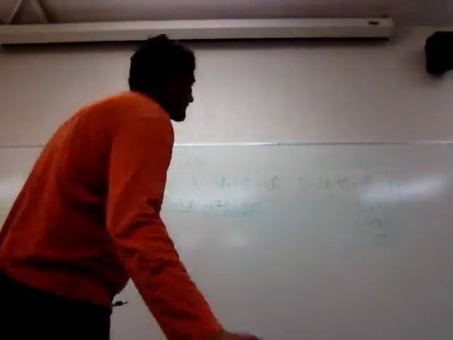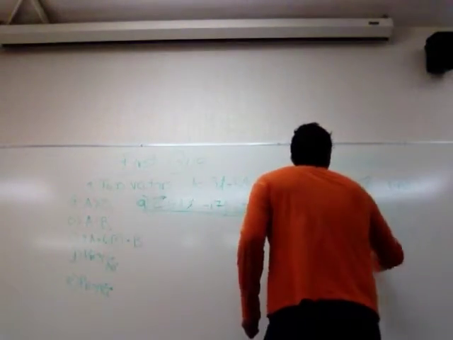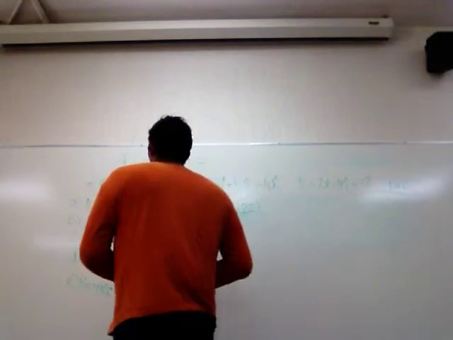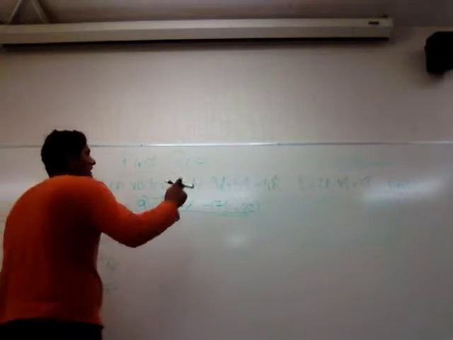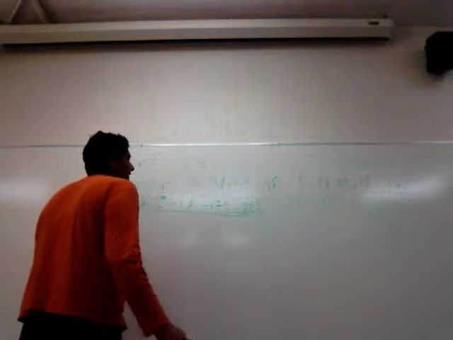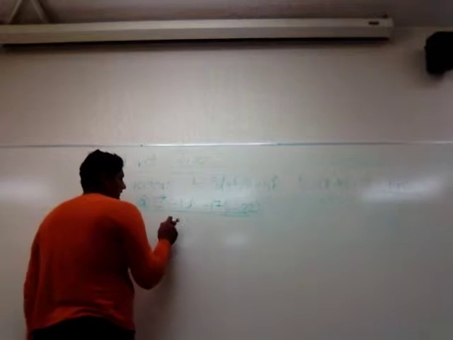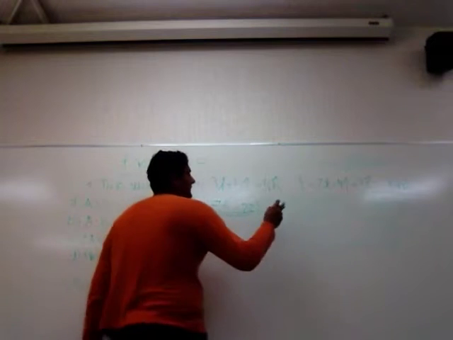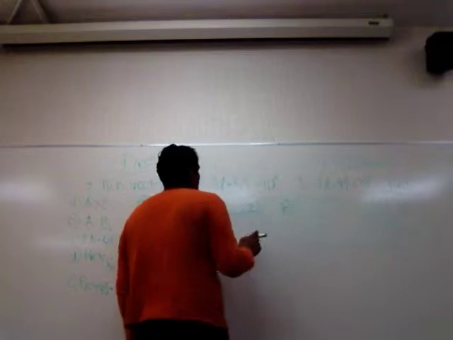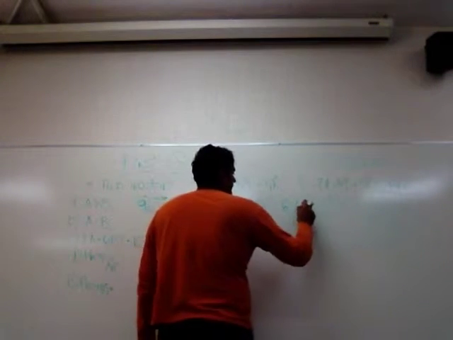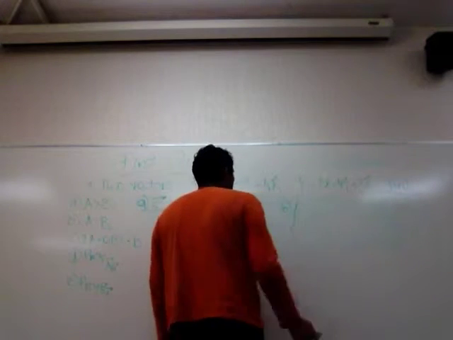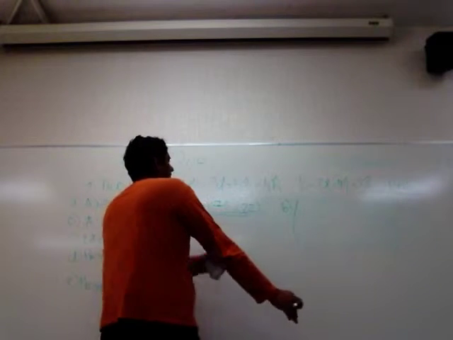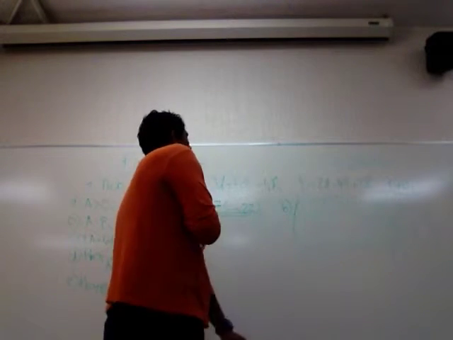For the second part, we have only, as the problem said, to multiply A dot B. So I'm going to put right here the two vectors. I'm going to put it in vertical direction to make the process easier.